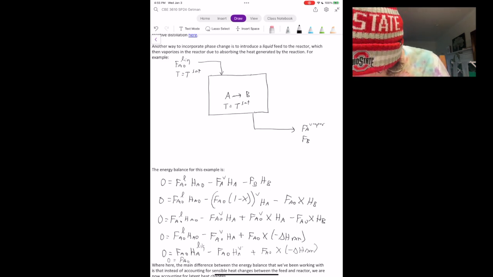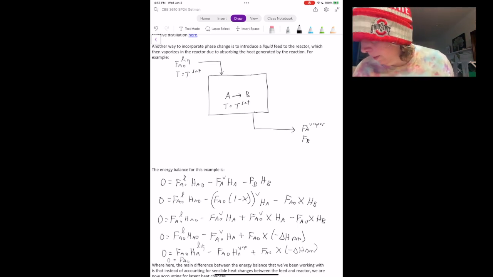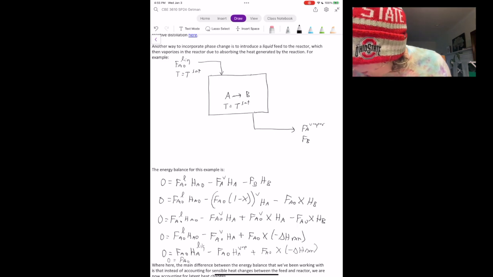Okay. So this is where we have the liquid coming in, and once it gets into the reactor, it vaporizes. This is going to give me more what I want. Now I have FA0 times negative heat of vaporization for species A, and plus FA0 X negative heat of reaction.